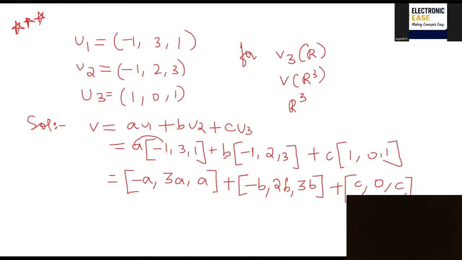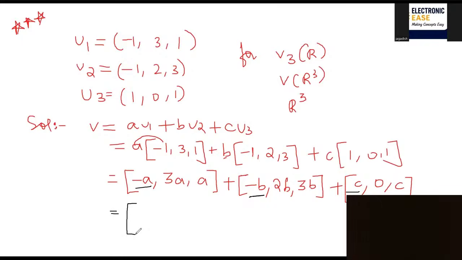Now what you need to do is club the first terms of all these. Wait, I will tell you. You need to take the first element of this, the first element of this, and the first element of this, and group them as one. So what will the equation become?